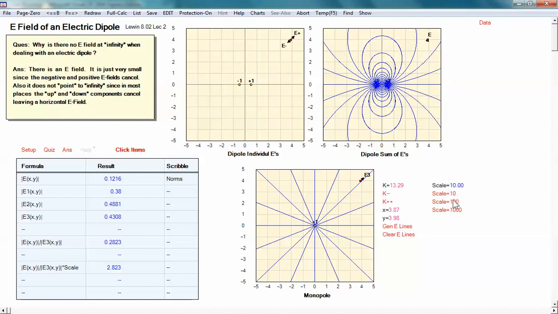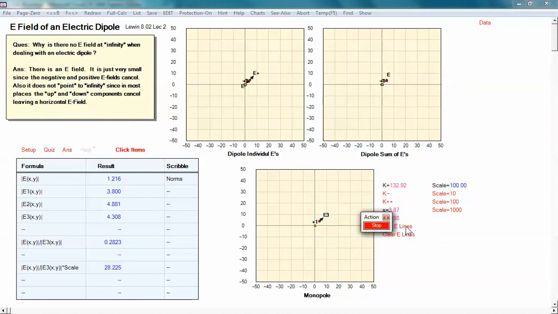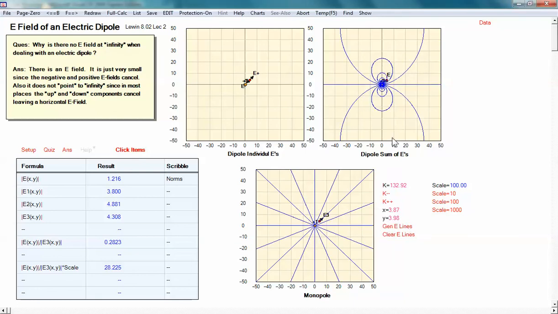In fact, if we scale this up, let me generate a different scale here and regenerate my E field lines. It takes a minute, and there they are.